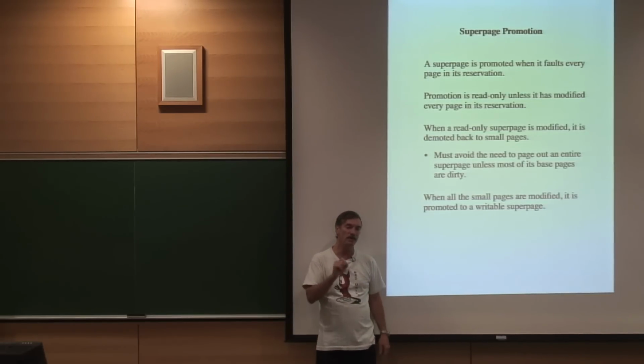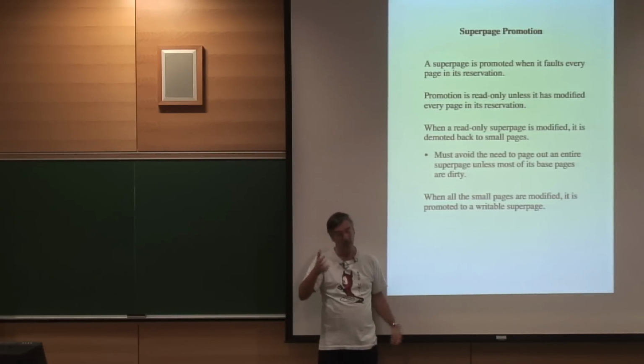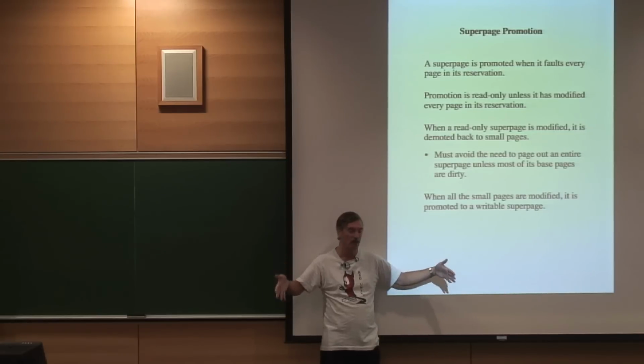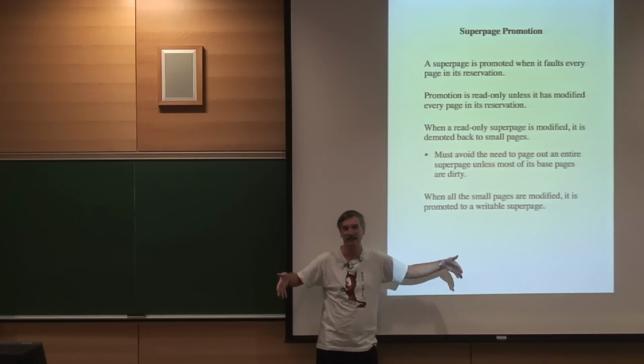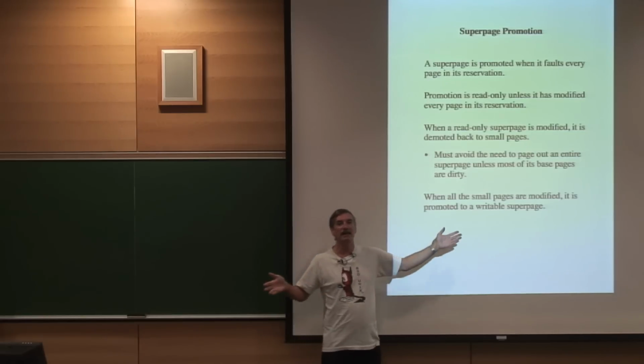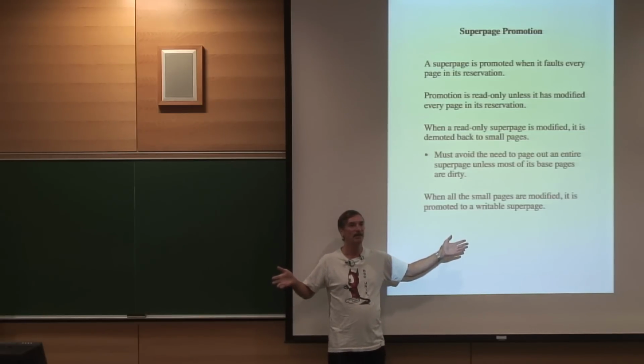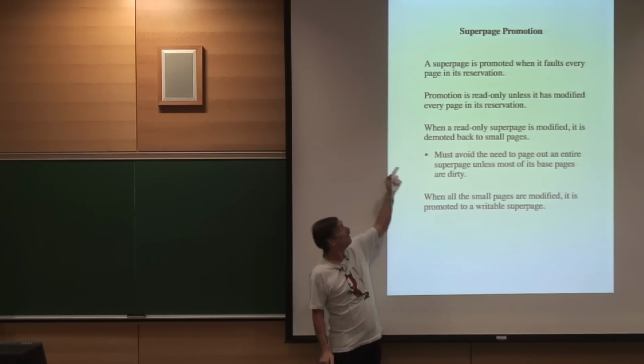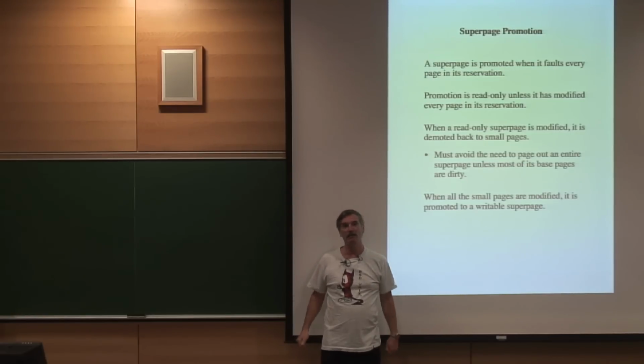This actually works better than you might initially think, because what typically happens is a superpage is either something like the text. And those of you that run Emacs, that takes 50 superpages just to get the executable into memory. You're not modifying that because you're not generally setting breakpoints or doing other weird stuff like that in it. And so a read-only superpage is ideal for you.